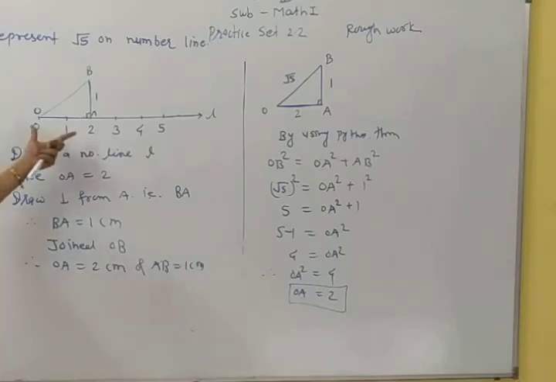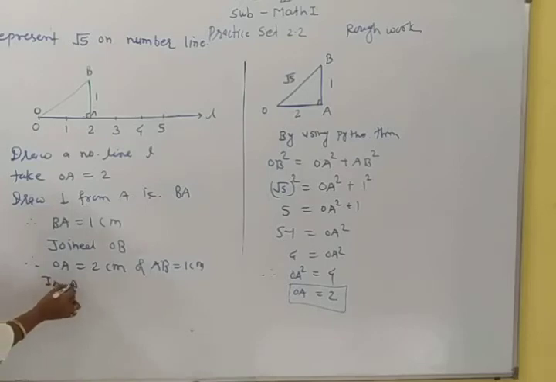Then by using Pythagoras theorem, find the value of OB. In triangle OAB, angle A equal to 90 degree.